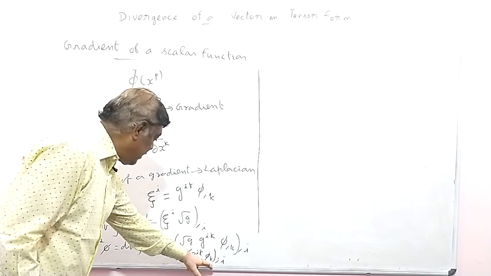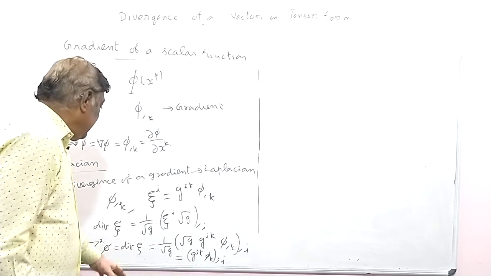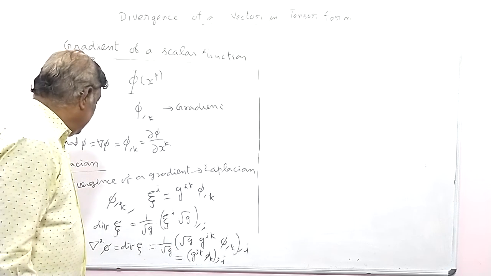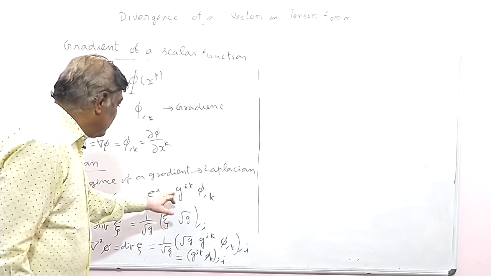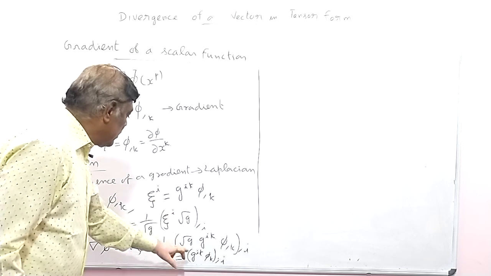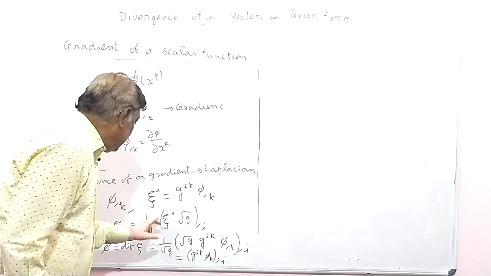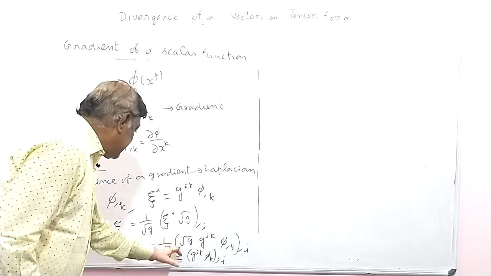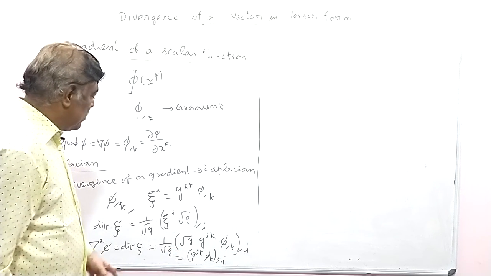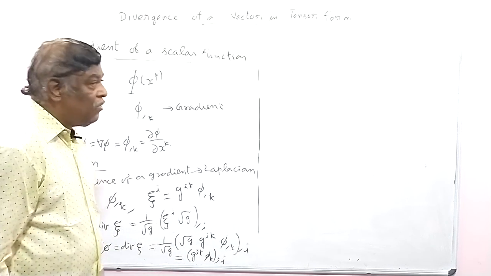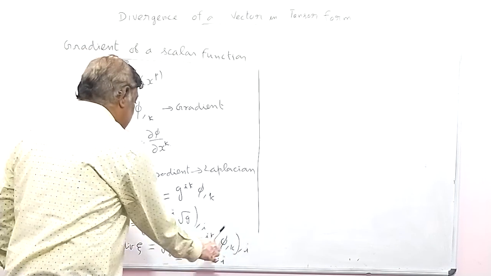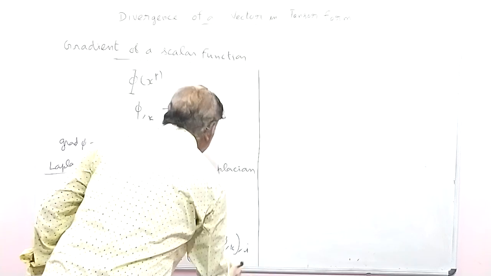This is your psi. So psi i semicolon i is equal to the divergence. Psi i is given here. This psi i semicolon i is your divergence, and this is the same as the expression 1 by root g of root g g ik phi k comma. So this is the definition of the Laplacian.